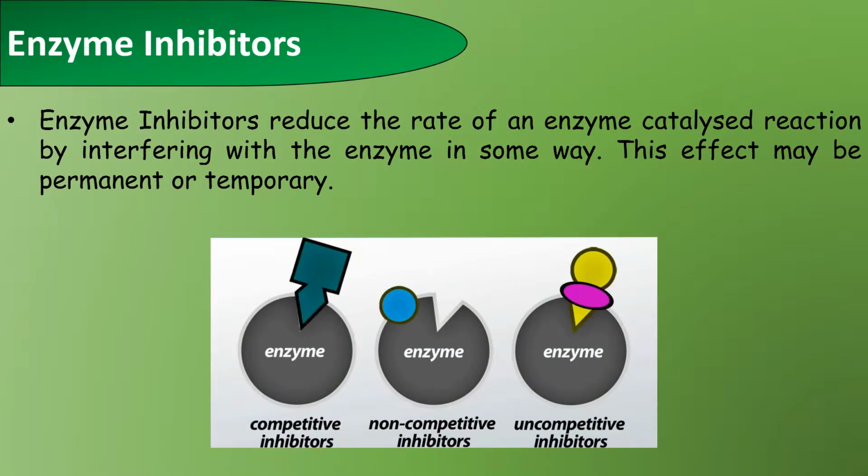Enzyme inhibitors reduce the rate of an enzyme-catalyzed reaction by interfering with the enzyme in some way. This effect may be permanent or temporary.